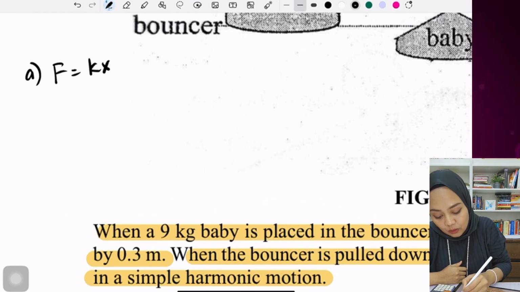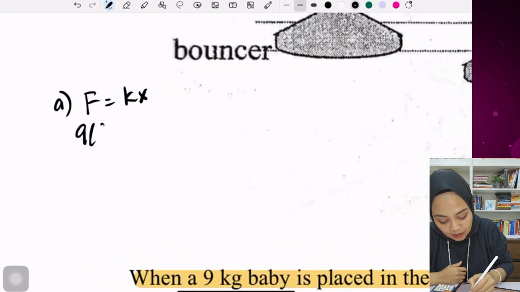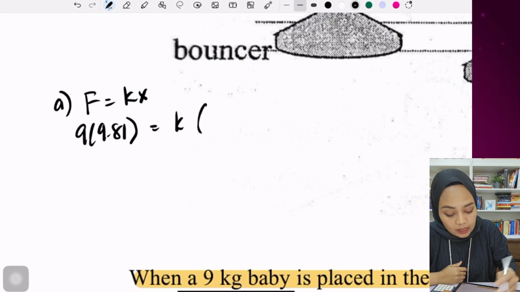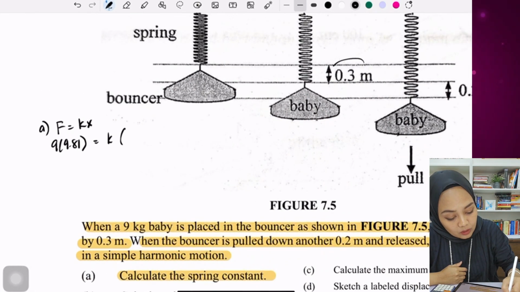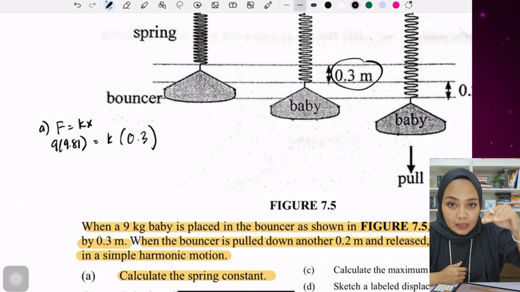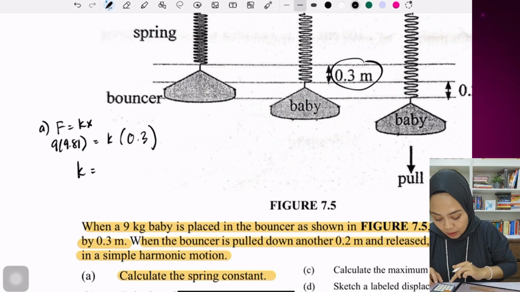Okay, so F, the force, is the baby's weight, so 9 times 9.81, K is the spring constant, and the extension is 0.3 meters. Because when the baby goes in and the spring extends by 0.3 meters, that gives us the information for K, which is the spring constant.